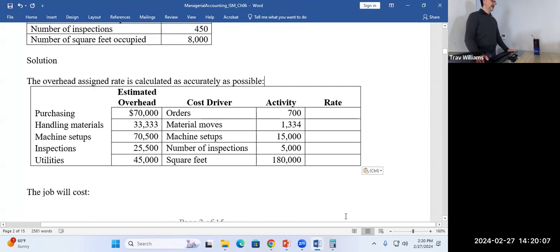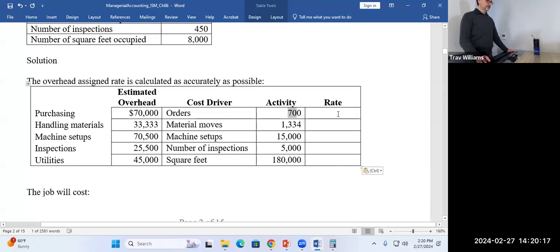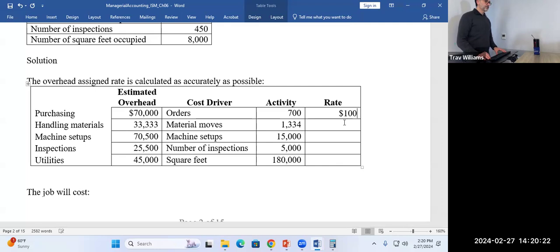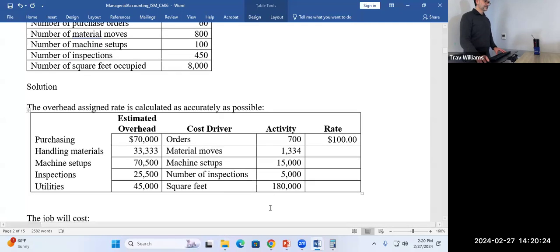Okay. And now, what do you think we have to do next? Exactly. We're going to take our overhead cost divided by the estimated activity. So it comes out to $100 per order of purchasing costs.